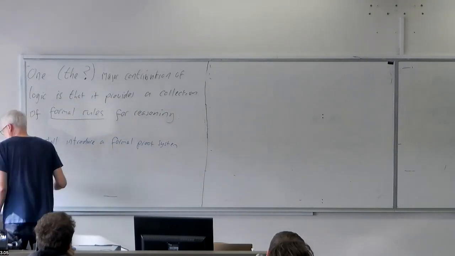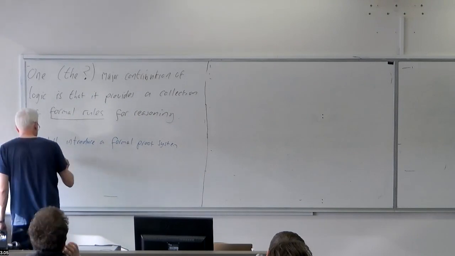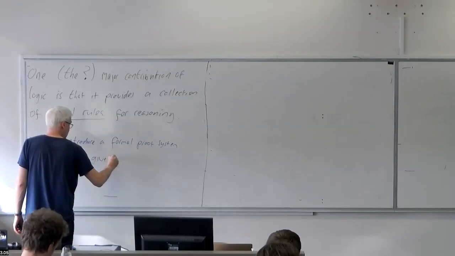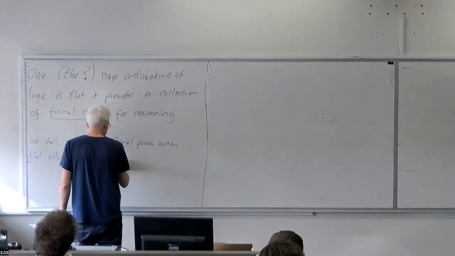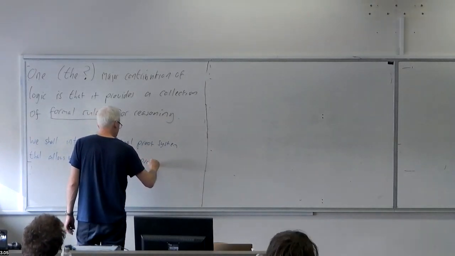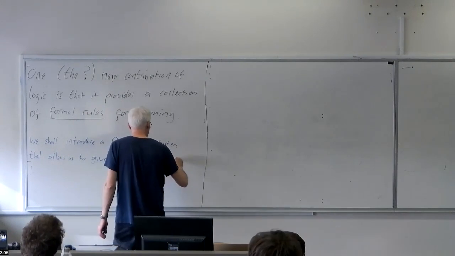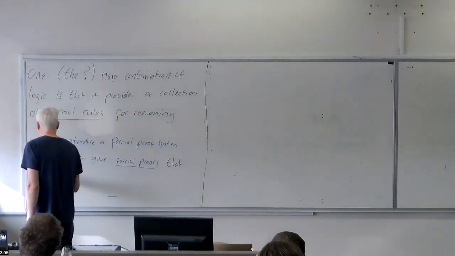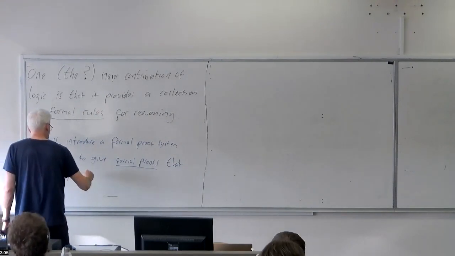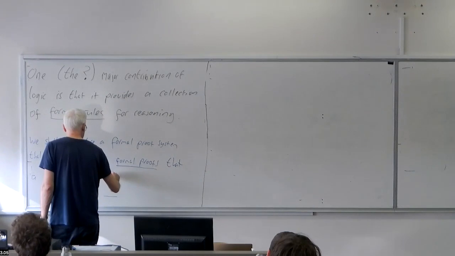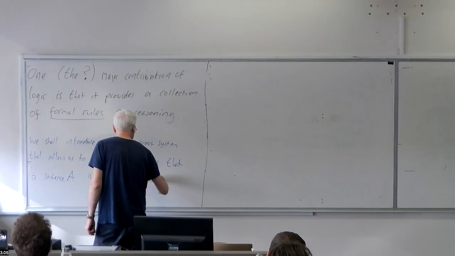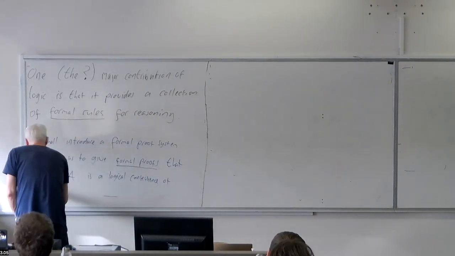This is a proof system that allows us to give formal proofs that a sentence A is a logical consequence of a set of axioms S.